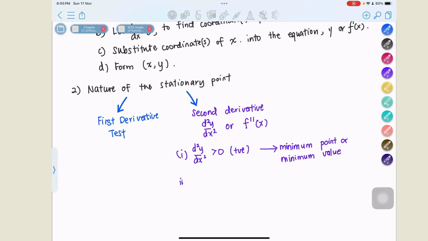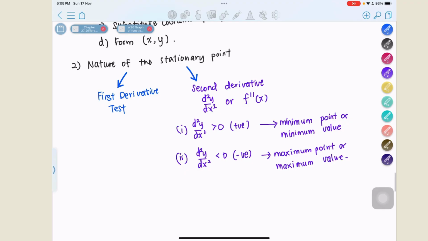Number 2. If our second derivative d2y over dx squared is less than 0, that means they give us a negative value. What happens is we will have a maximum point or maximum value.